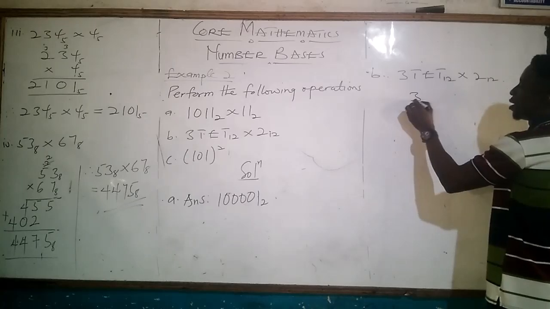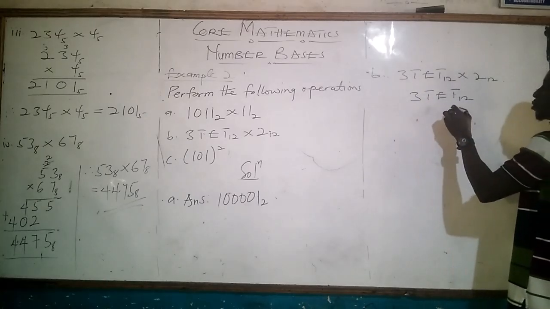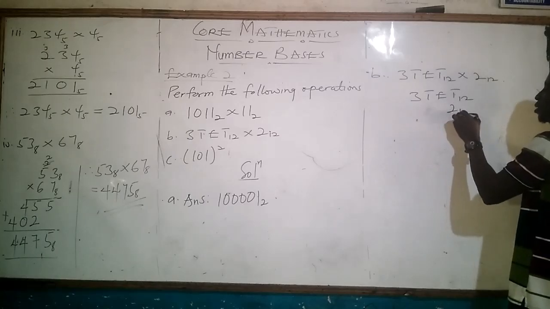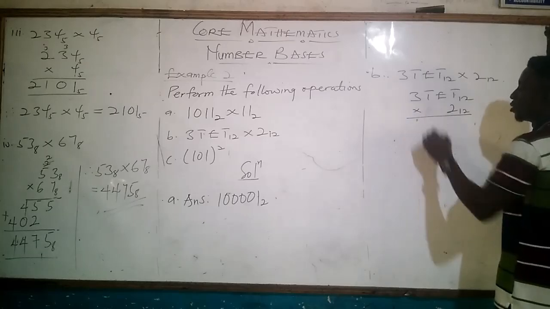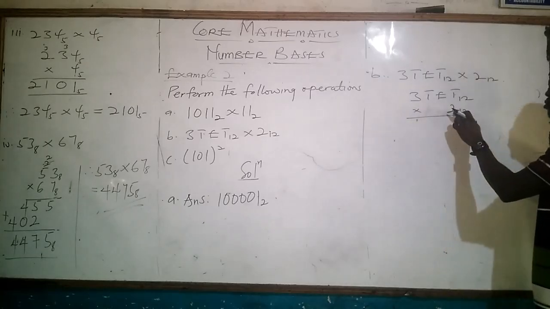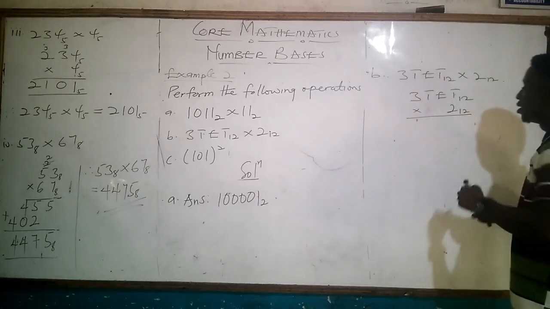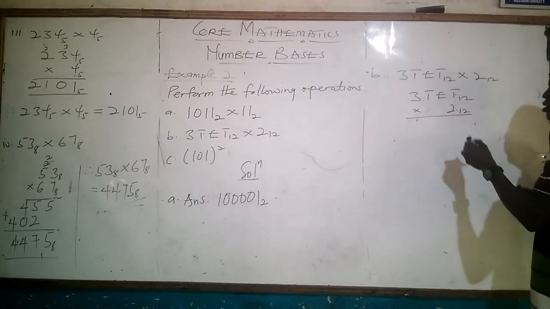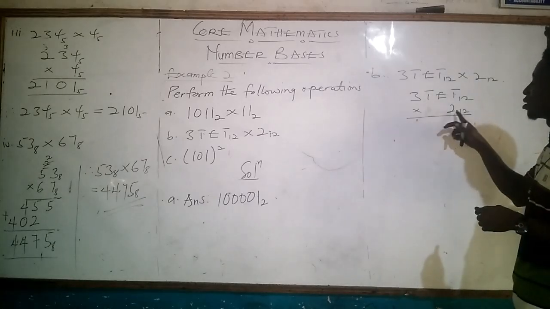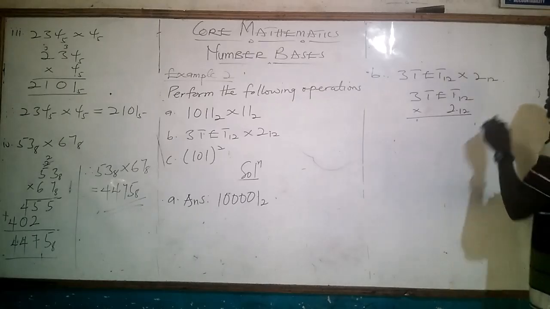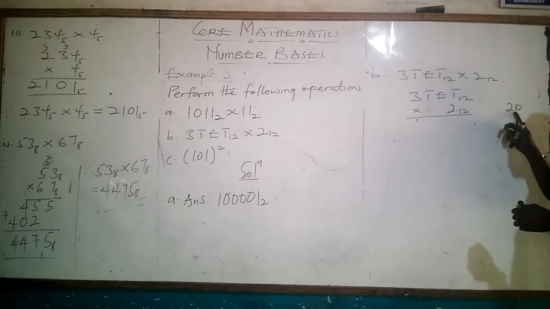So I'll have 3t base 12, 2 base 12, and the product. So I'll have 2 multiplying t, and we know t is what? 10, right? So 2 times 10 is what? 20, right? So 2 times 10 is 20.